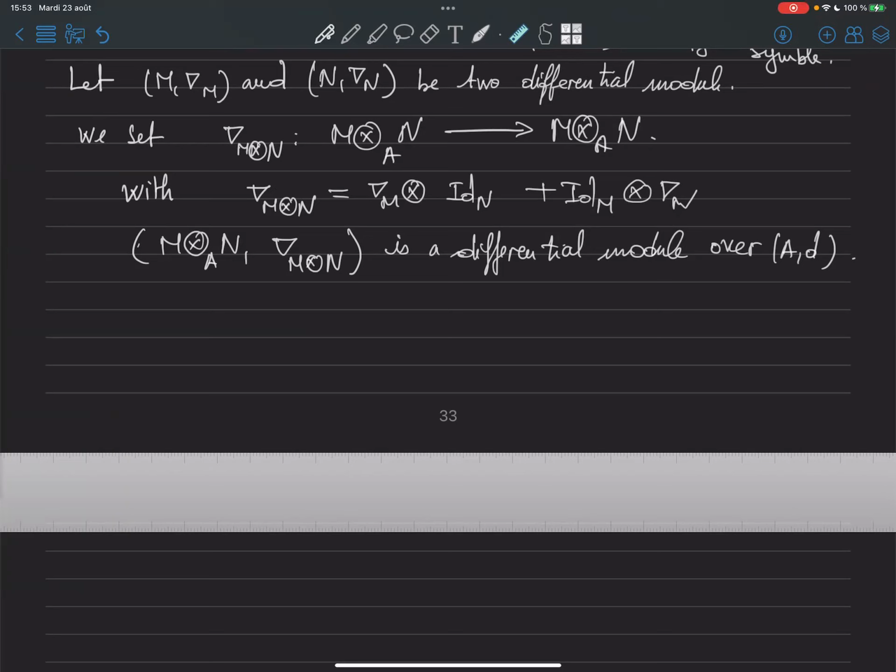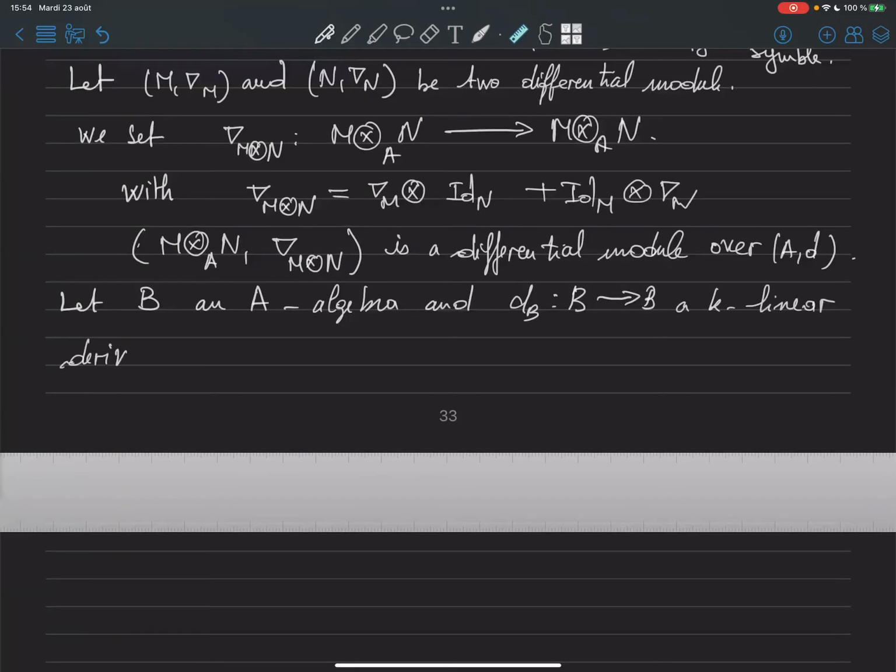It's preferable to use this term for fields, but just to say, if we have a ring A, an algebra, which means a morphism between A and B, and a derivation defined on B, extending the derivation of A.